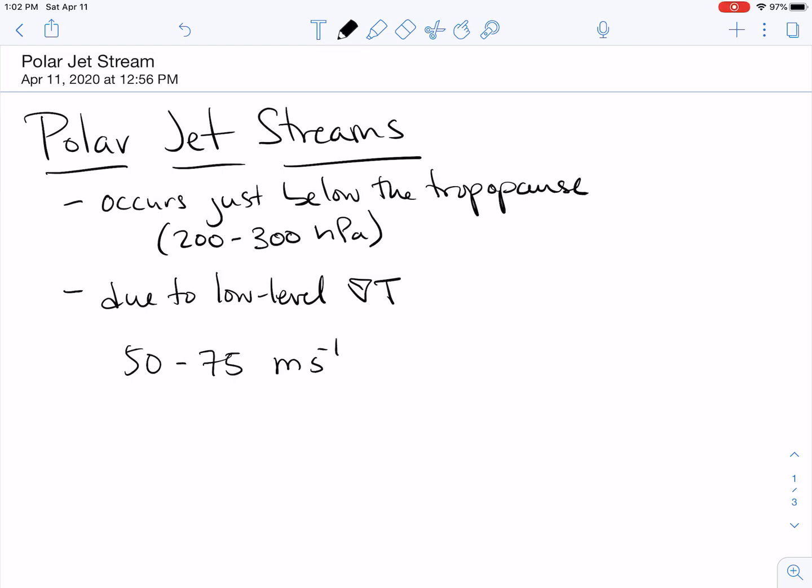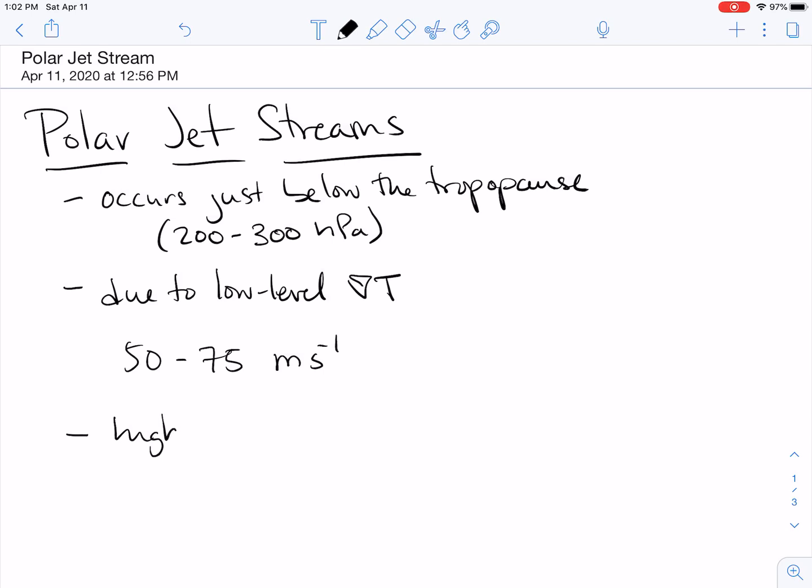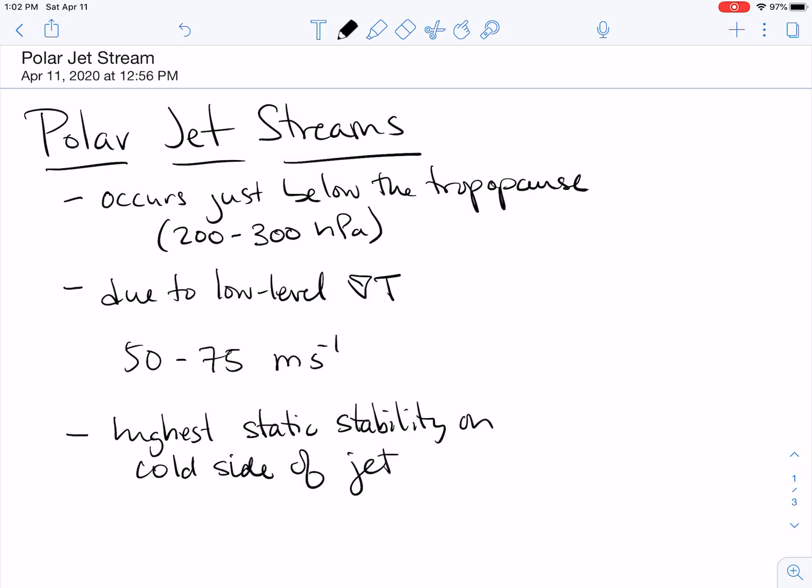The stability surrounding these jet streams is that it'll be stable on the poleward side, or on the cold side, of our jet stream. Highest static stability on the cold side of the jet, and this is owing to thermal wind balance, where we know that cold air should be on the left-hand side of the jet.